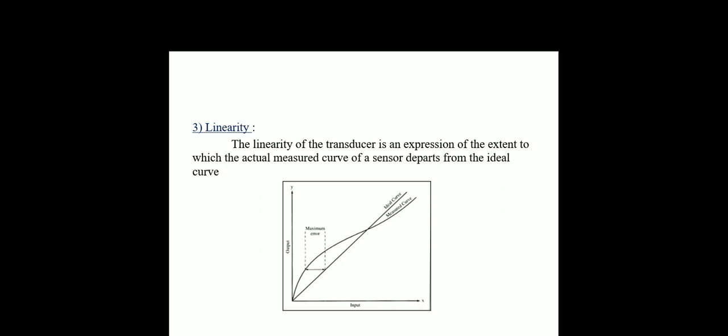So we can say linearity is an expression of the extent to which the actual measured curve of a sensor departs from its ideal curve. The ideal curve should be linear.